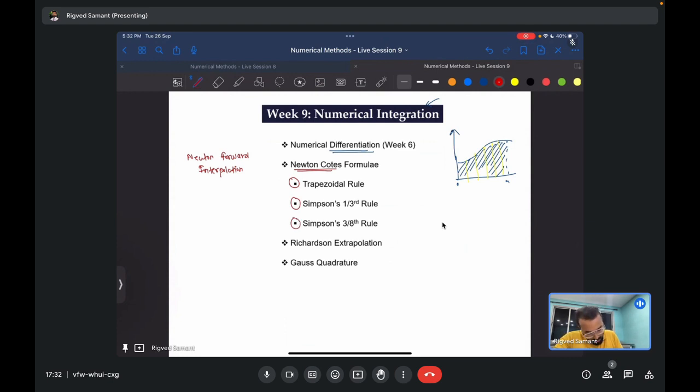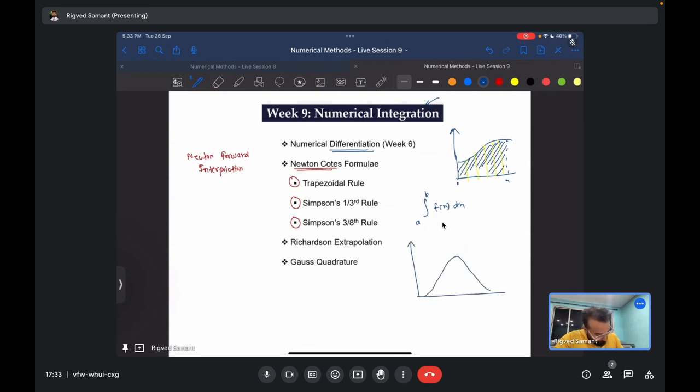Let's say you have an integration from a to b of f of x dx, where a is this and b is this. You will find the area under this curve, so you take these two endpoints.